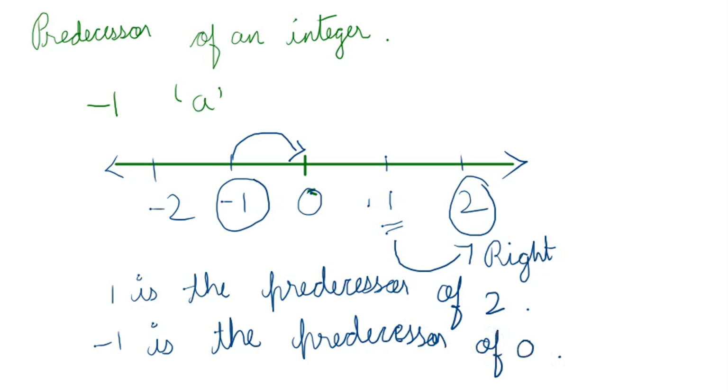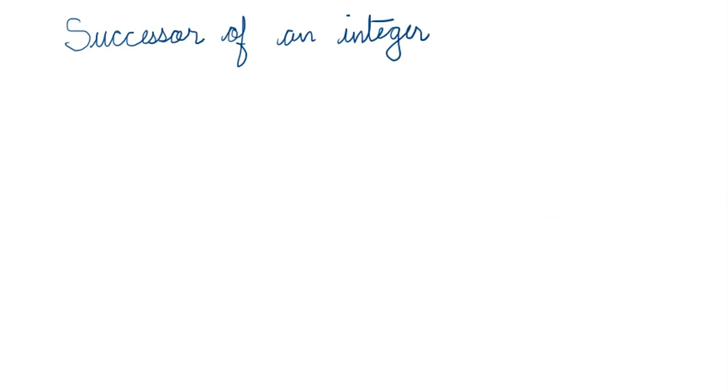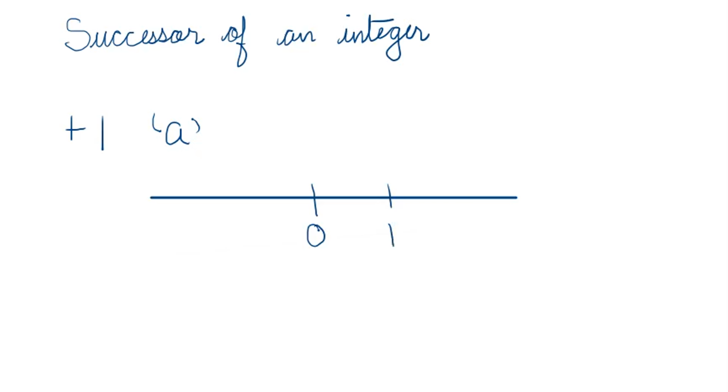So now, since we have seen what a predecessor is, next we'll be moving on to the opposite of predecessor, that is the successor of an integer. One more than the given integer is called its successor. The same thing again, we'll compare it with the number line. This is going to be a number line with 0, 1 and 2, extending this side to the positive and this side extending towards the negative integers.